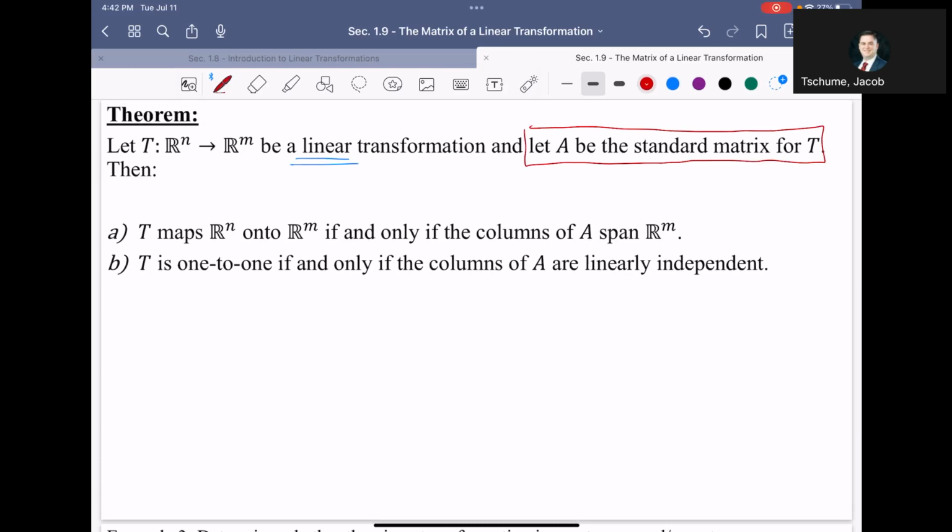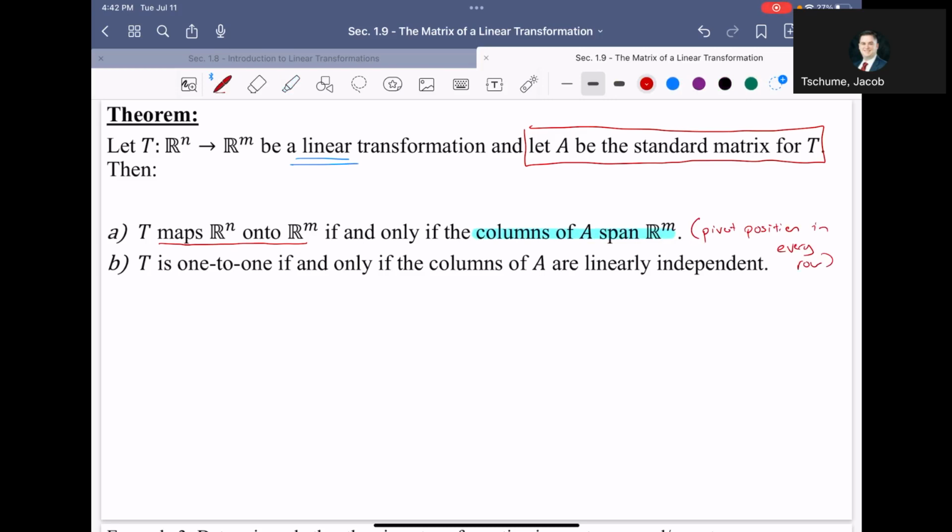We can say that the transformation maps R^n onto R^m if and only if the columns of A span R^m. This comes from a theorem that we saw, I believe back in section 1.4. This will only be true if there is a pivot position in every row.